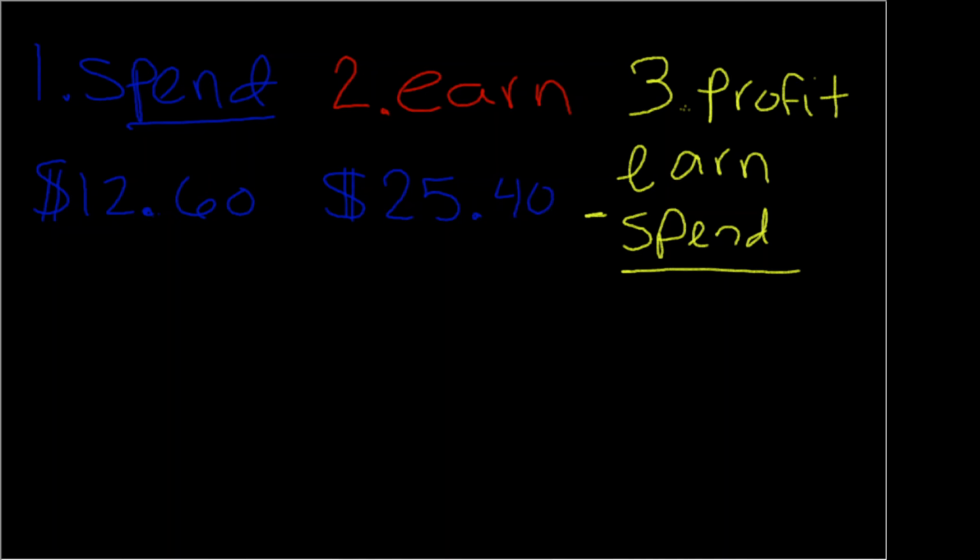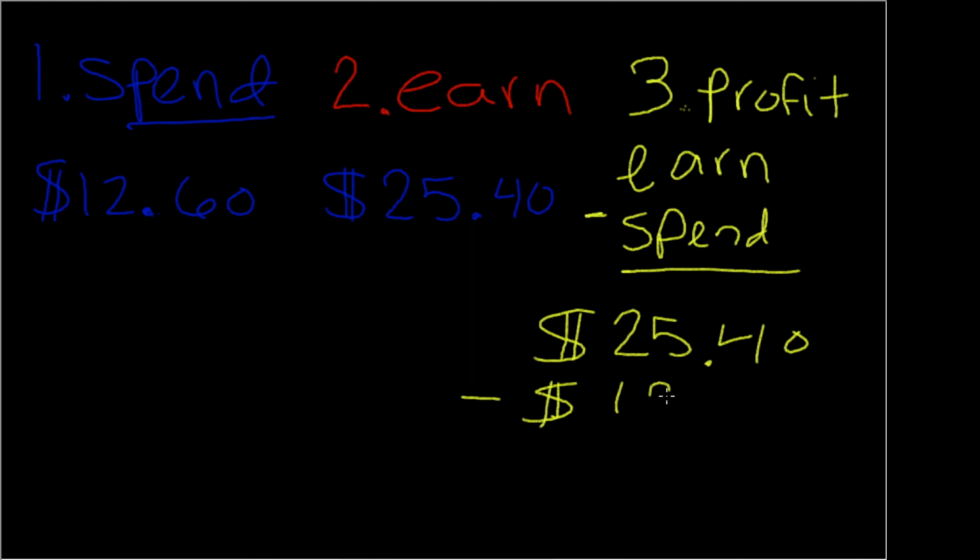So in order to figure out what my profit is, I'm going to take my $25.40 that I earned and I'm going to subtract my $12.60 because that's what I spent. So again, 0 minus 0, we have 0. I cannot take 6 away from 4, so I'm going to borrow from my 5.